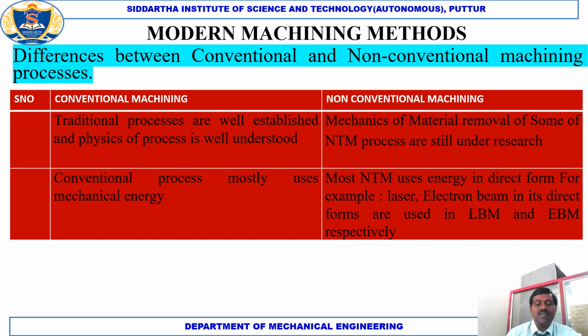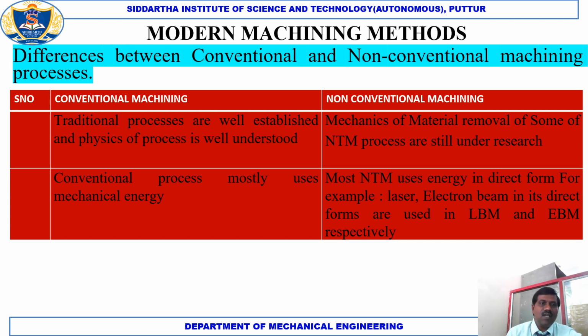But in case of the non-conventional machining process or modern machining methods, the physics of the metal removal, the mechanics of the metal removal, is still under research, and we have not completely understood how the material removal takes place and how the heat is transferred to the workpiece and to the tool material.